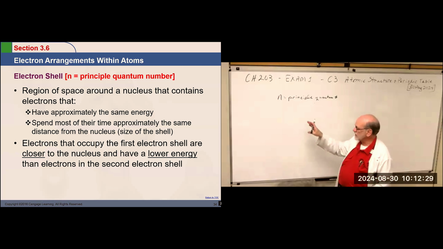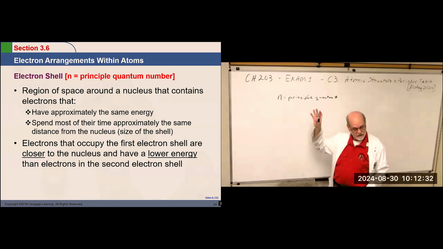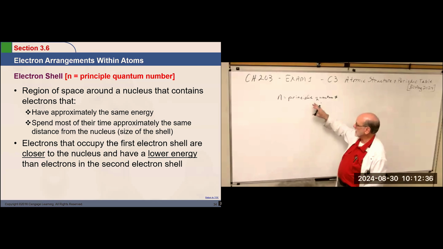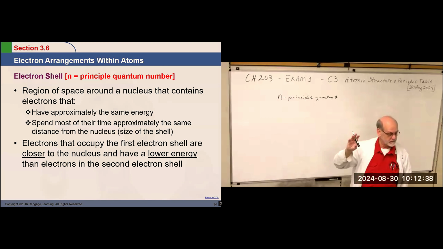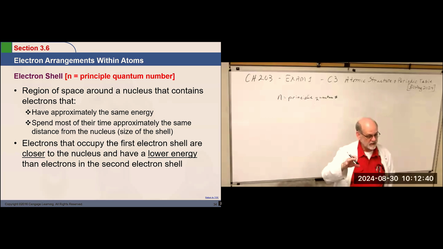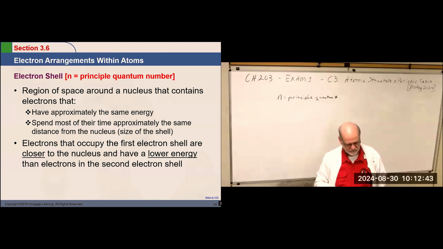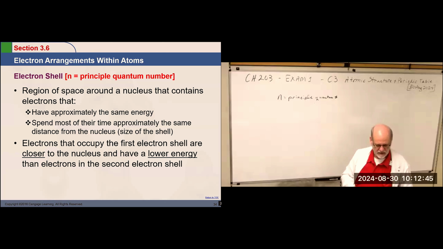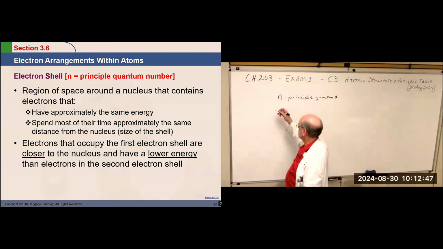This refers to the region of space where the electron is found, and all electrons in that region have similar energies based upon the Bohr model. And your book is going to call this a shell.